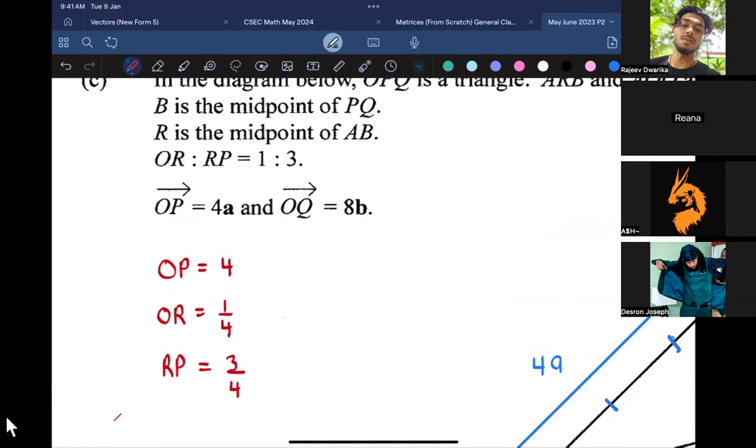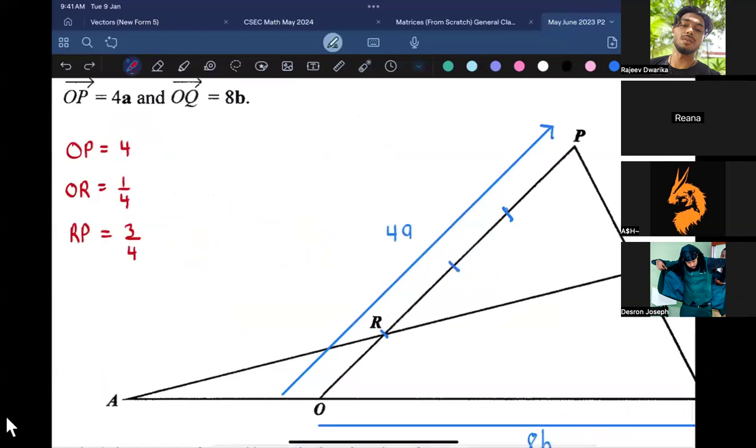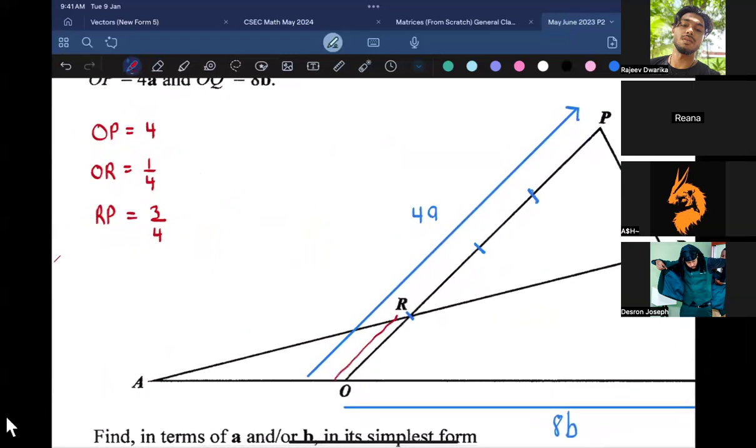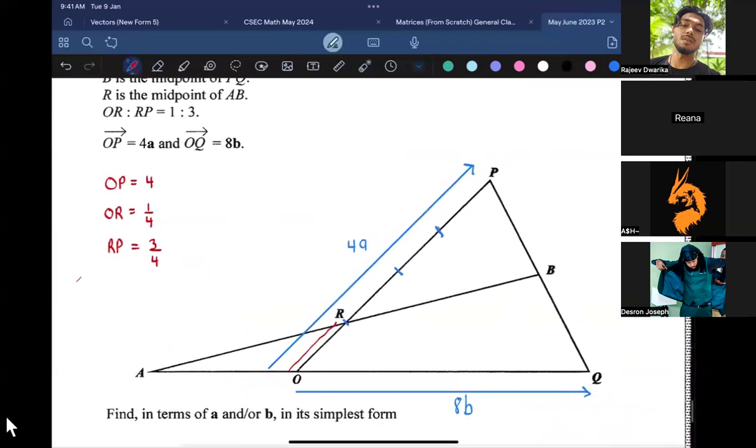Out of the 4 parts, O to R is going to be 1 part, and then R to P is the other 3. So this would be A, this would be A, this would be A, and that would be A.